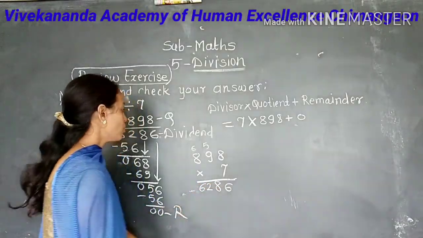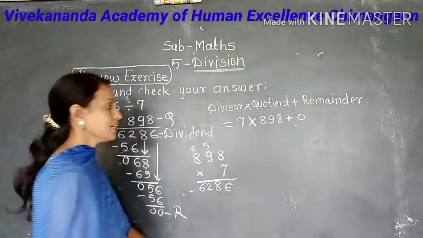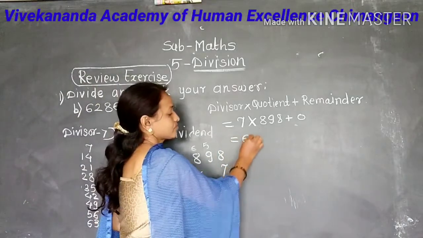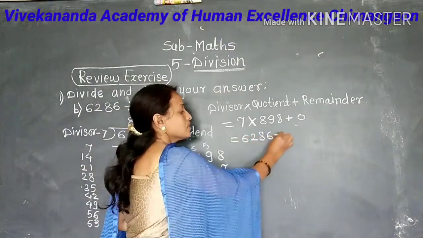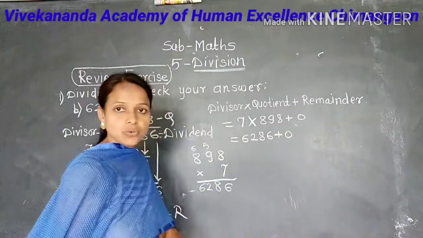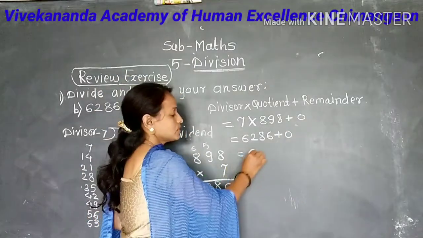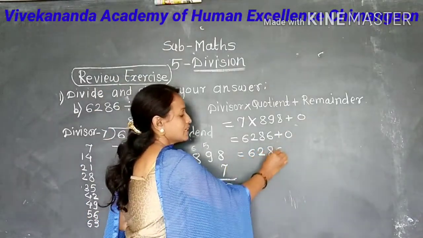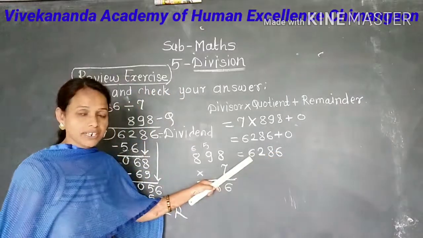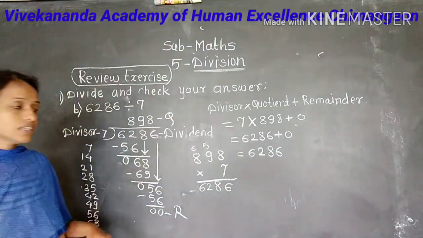So we get here product 6286 plus 0. We get here sum 6286, and 6286 is our dividend.